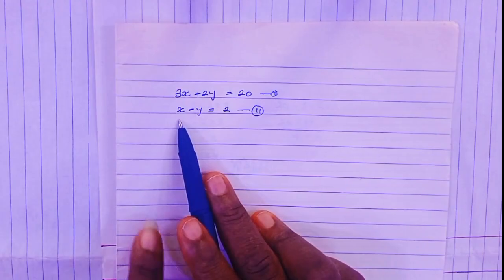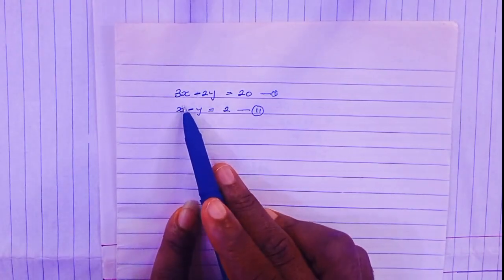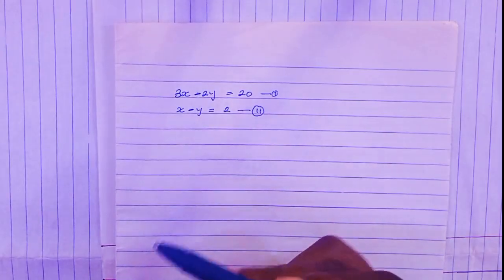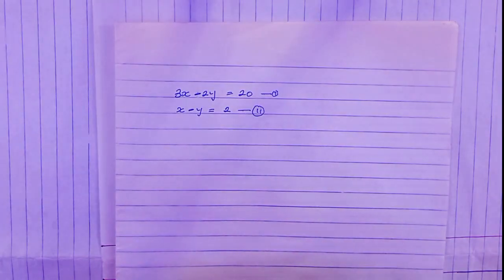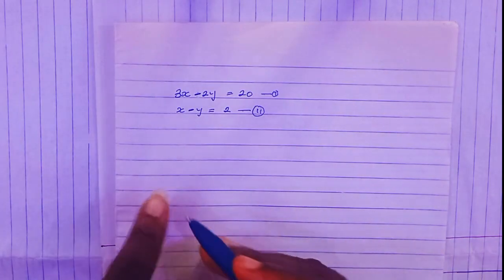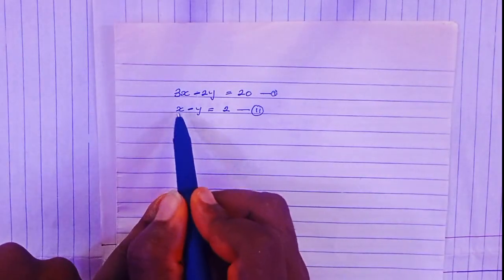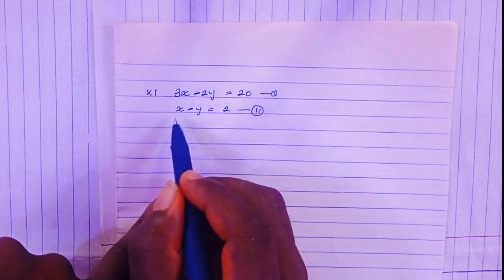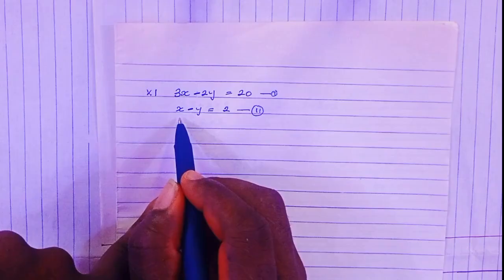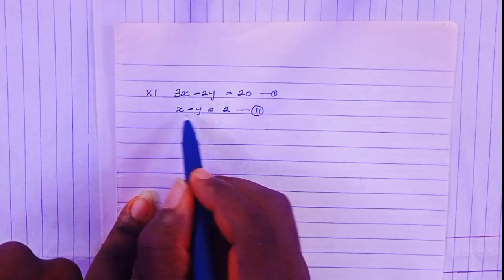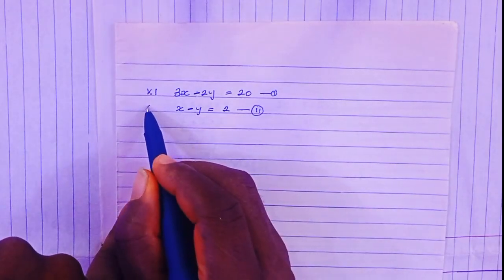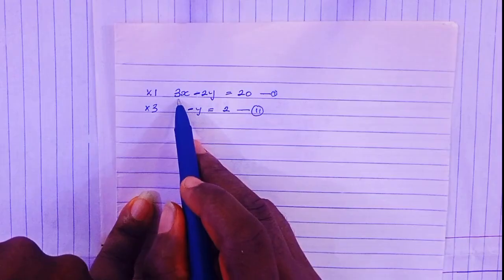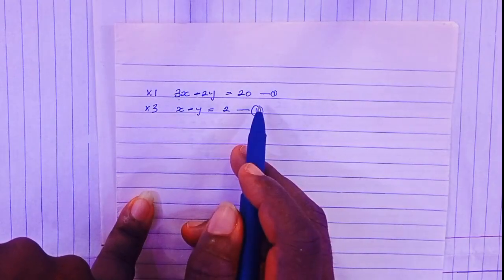What do I mean by that? If we are trying to eliminate x, we will balance the equation. Now by multiplying equation 1 by 1, that is the coefficient of x in equation 2, and also multiplying equation 2 by 3, that is the coefficient of x in equation 1.